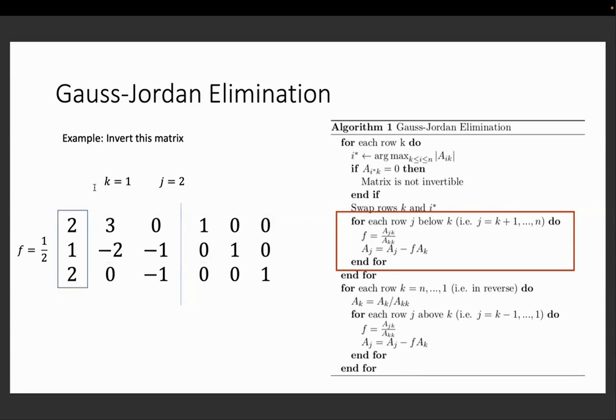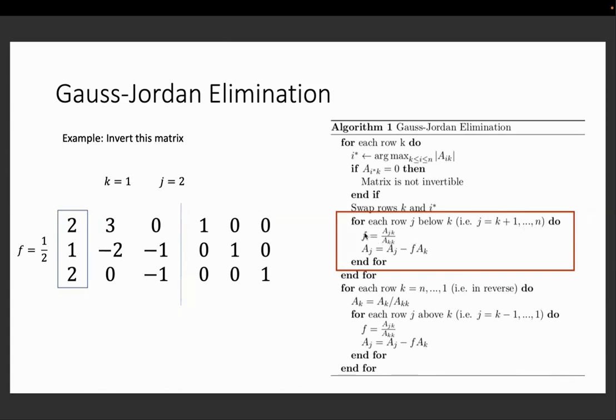For example, here k is equal to 1, so we need to do something for the second row and third row, right? Because k plus 1 is 2, and up to n is equal to 3.